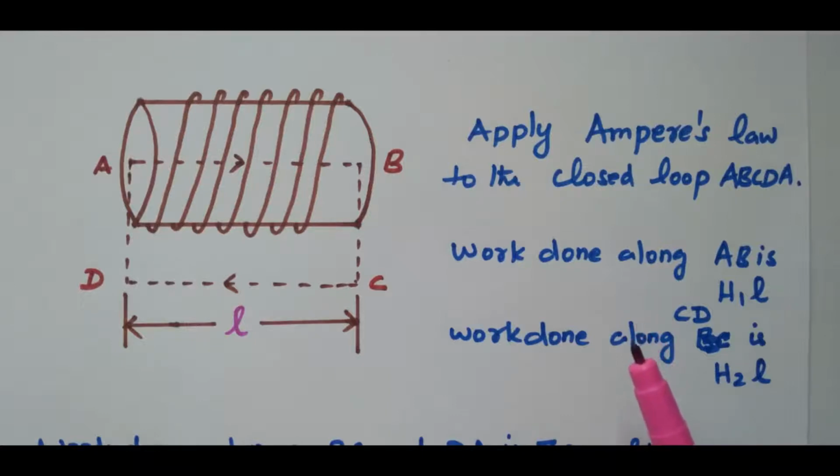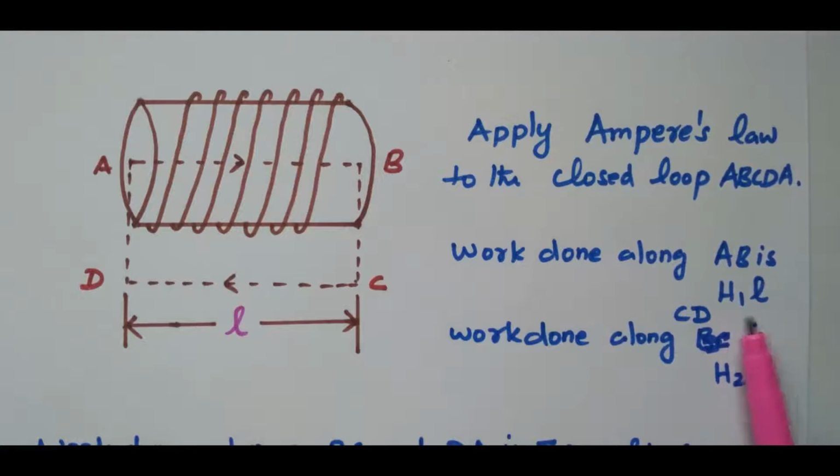We need to see what the work done is along AB, BC, CD and DA. For all four paths, we need to analyze. The work done along AB is H1 into L, because the magnetic field intensity inside the solenoid is H1.